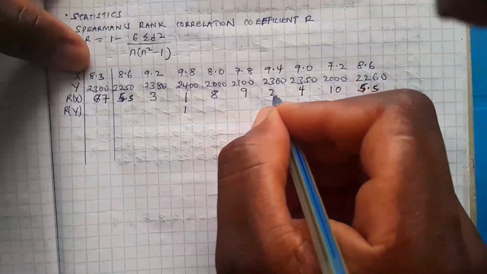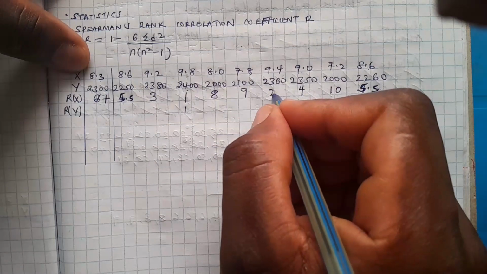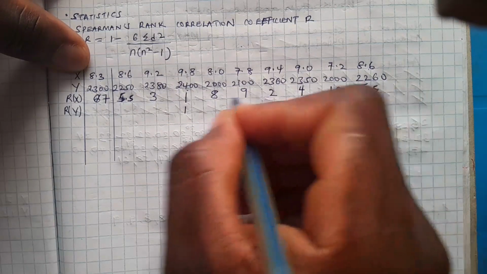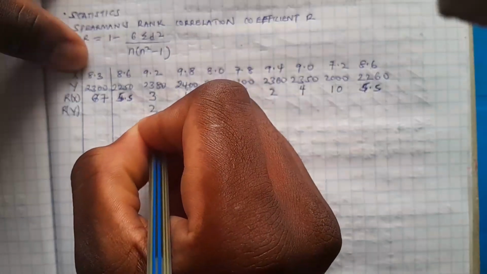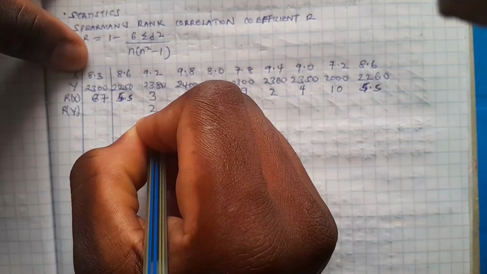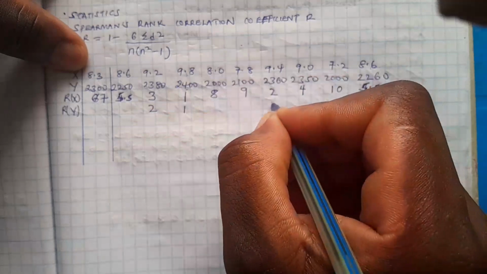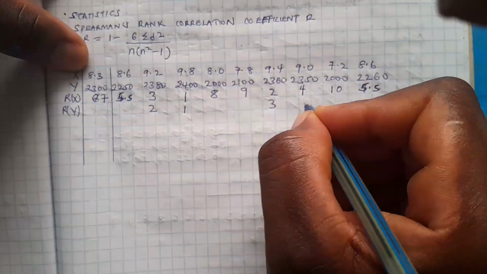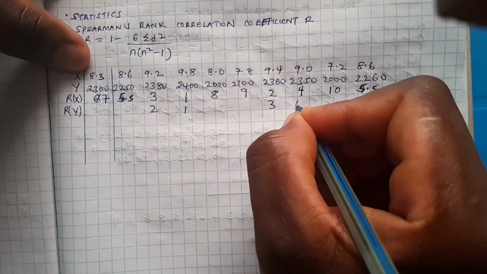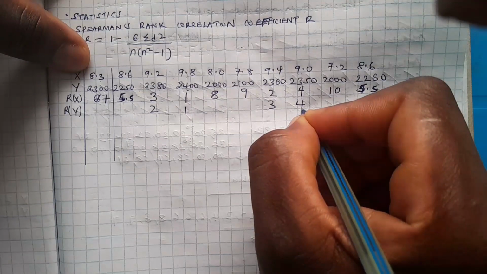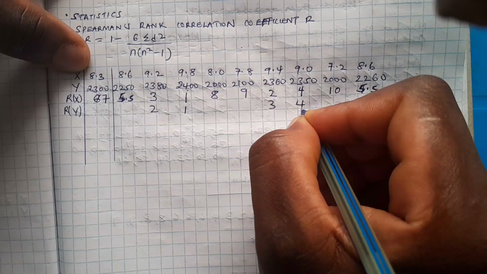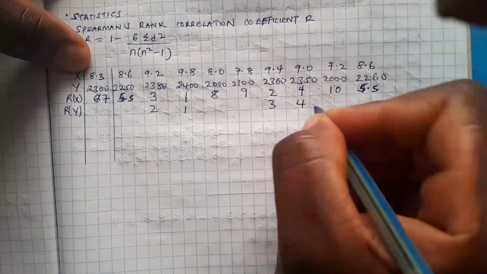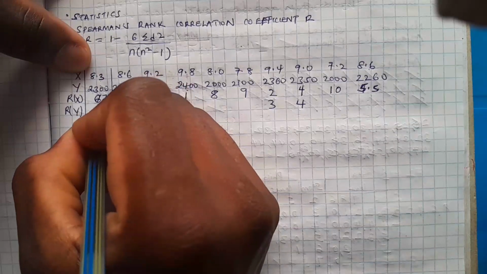The following entry is 2380, which will have the second rank, and the next one, 2360, will have the third rank. The next one is 2350, which will have the fourth rank. Then the following is 2300, which has the fifth rank.